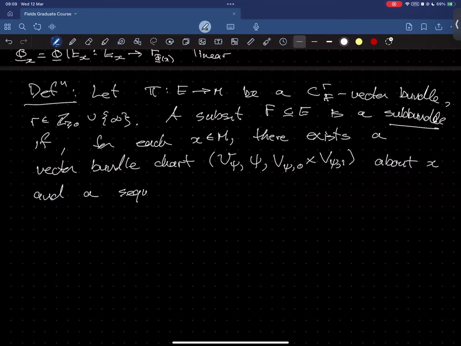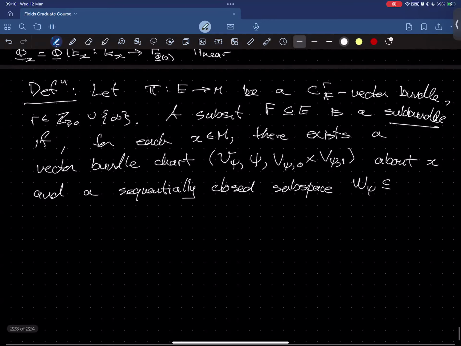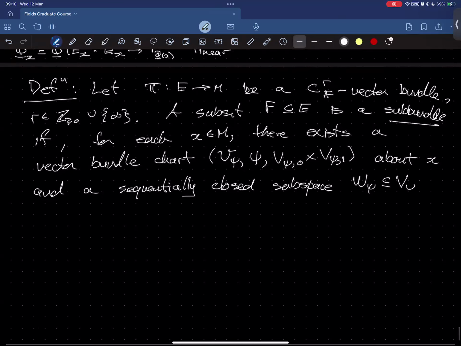Okay, and a sequentially closed subspace W psi, and W psi is a sequentially closed subspace of the fiber part, such that, okay, and so the idea is rather like what you do with submanifolds.